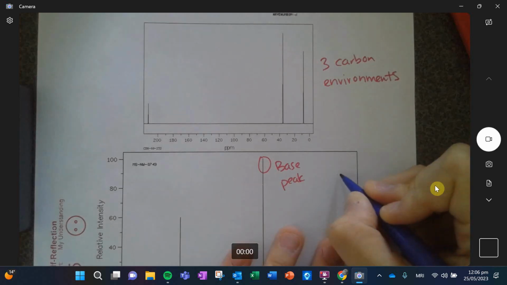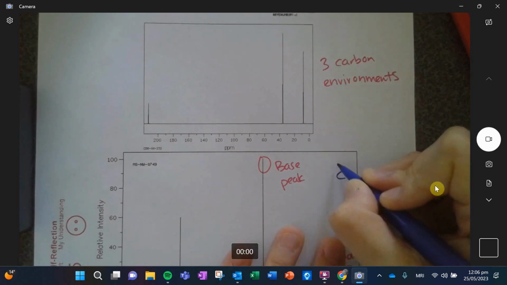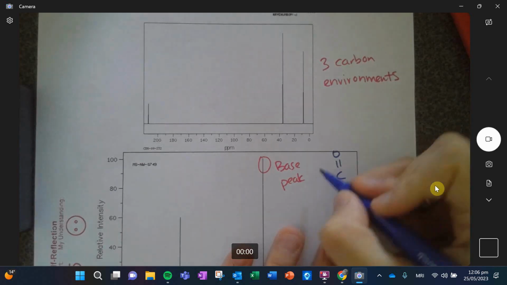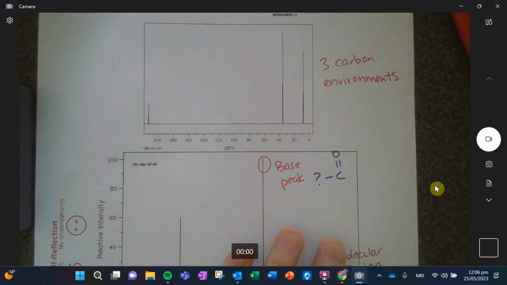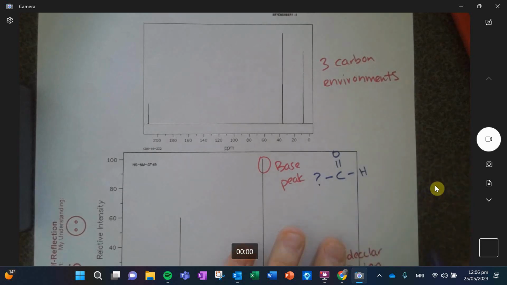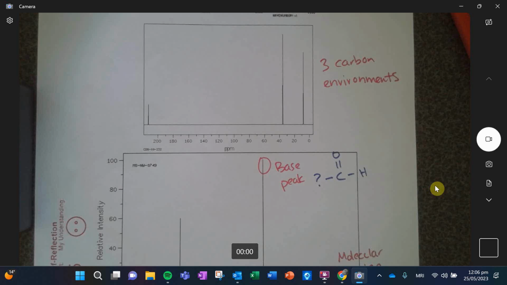So if I had a carbonyl on the end carbon, it would be C double bond O. It would then be attached to something. Don't know how long that something is. And then I would have 1 hydrogen there. So that's the basic setup for the functional group that I've identified. Are we okay so far with that?